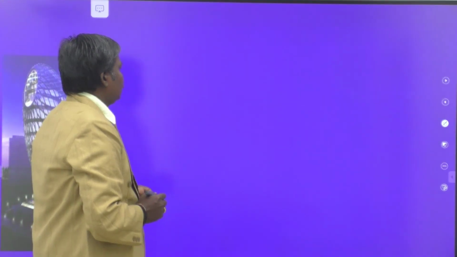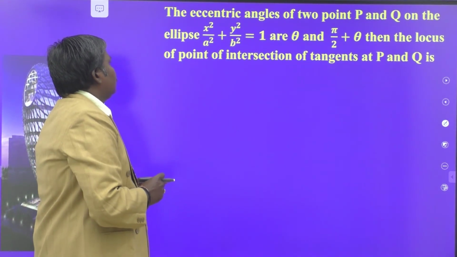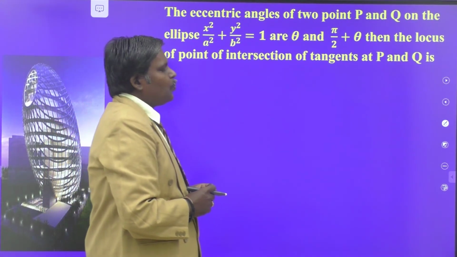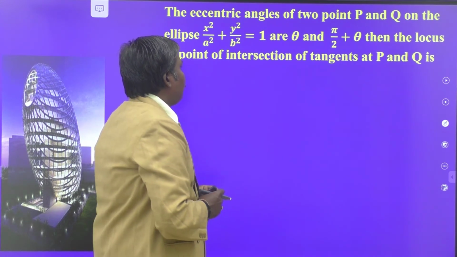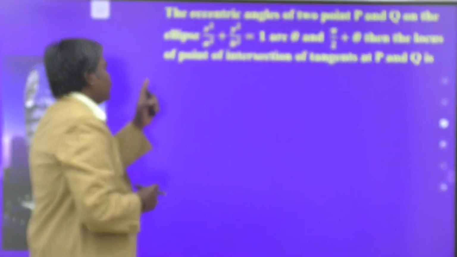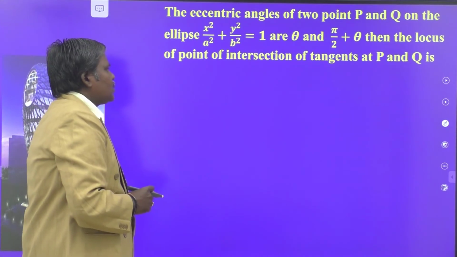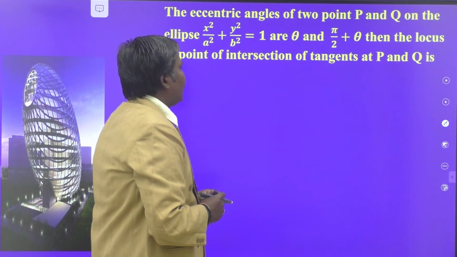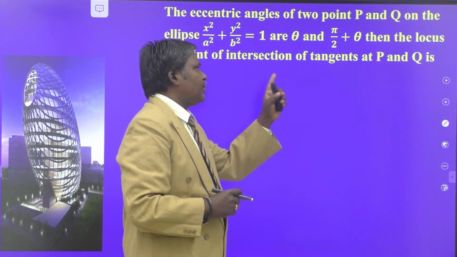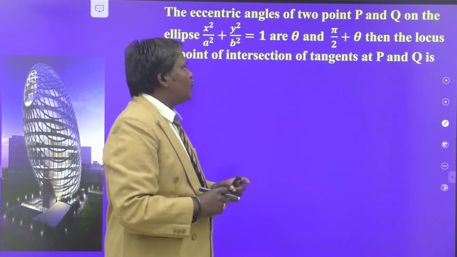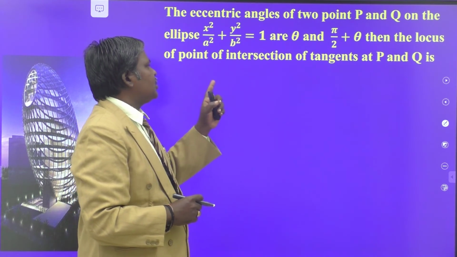Next one. The eccentric angles of 2 points P and Q on the ellipse x square by a square plus y square by b square equal to 1 are theta and pi by 2 plus theta. So what are the eccentric angles of the 2 points P and Q?